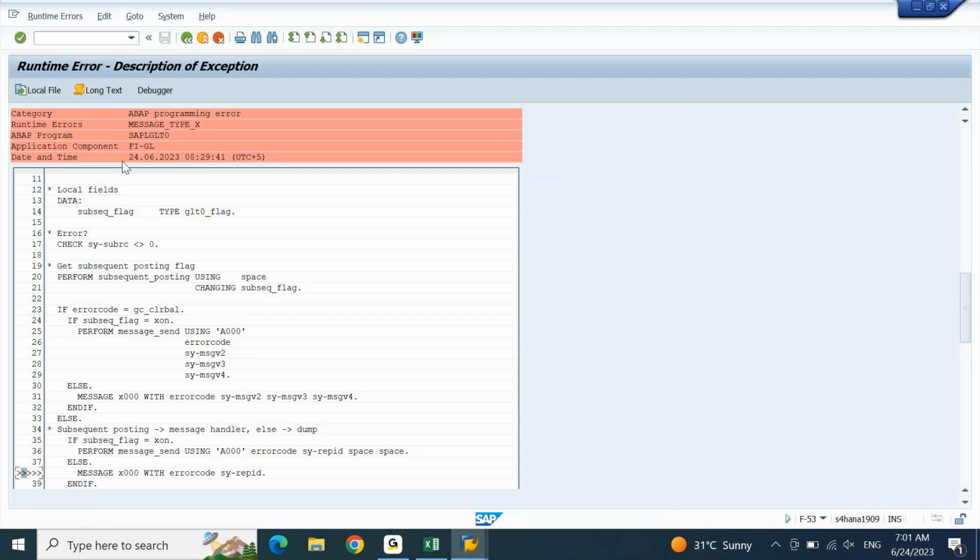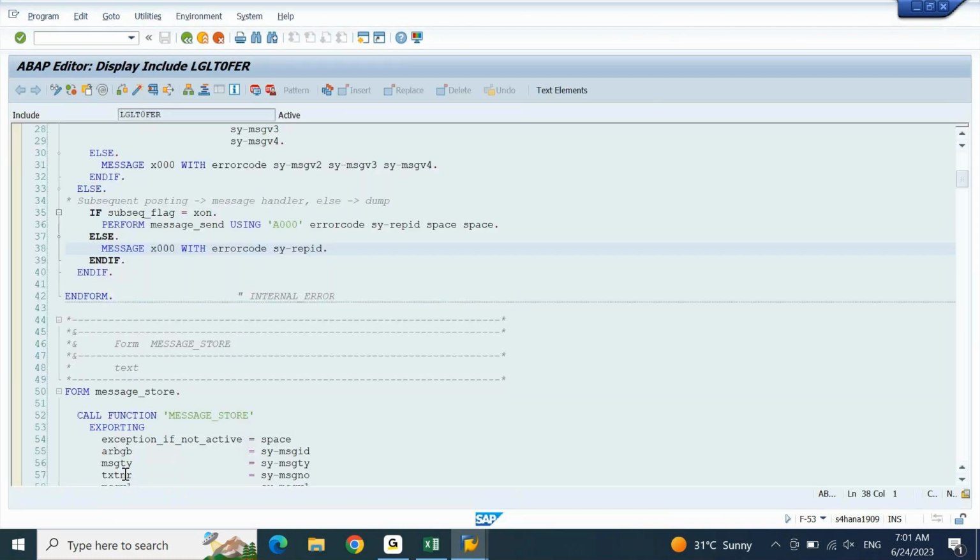Just click on message X000. Subsequent posting message. No, we are not supposed to do this.